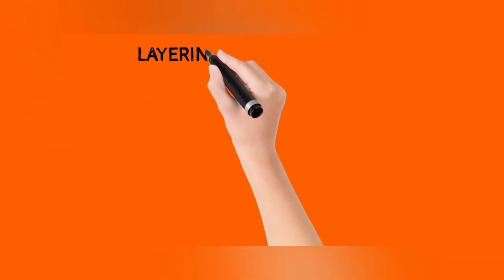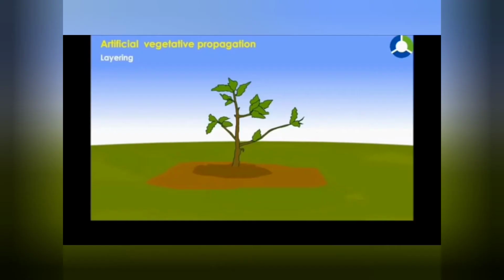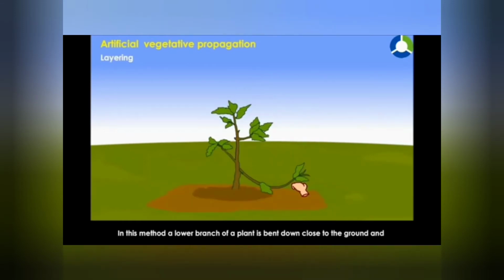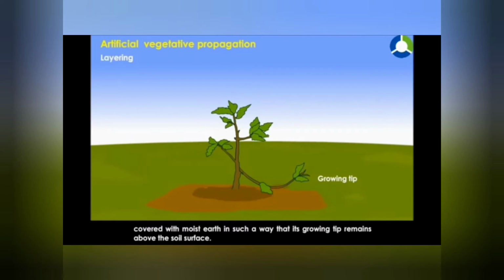Let us see another method, which is called layering. In this method, a lower branch of a plant is bent down close to the ground and covered with moist earth in such a way that its growing tip remains above the soil surface.